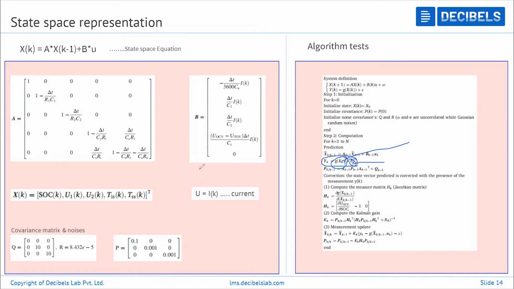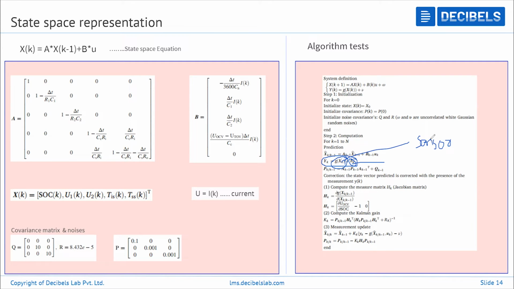So one is the terminal voltage when you are estimating through a theoretical model, and the other is the terminal voltage you are getting from the sensor, the live data.